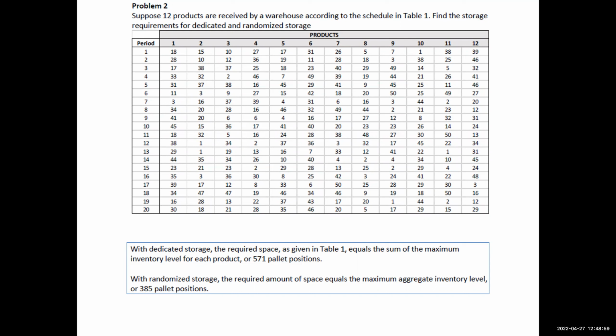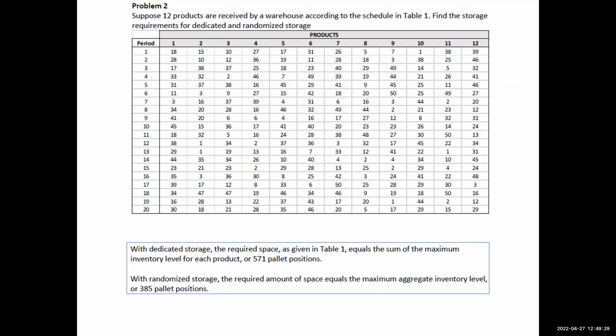The question is to find the storage requirements for dedicated and randomized storage. For dedicated storage, you look at each period and find the maximum for each one of the products.